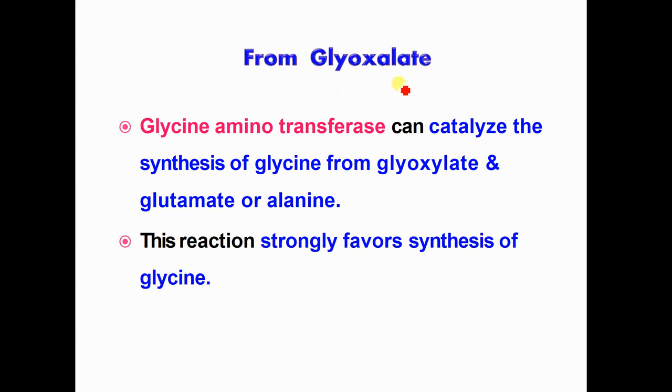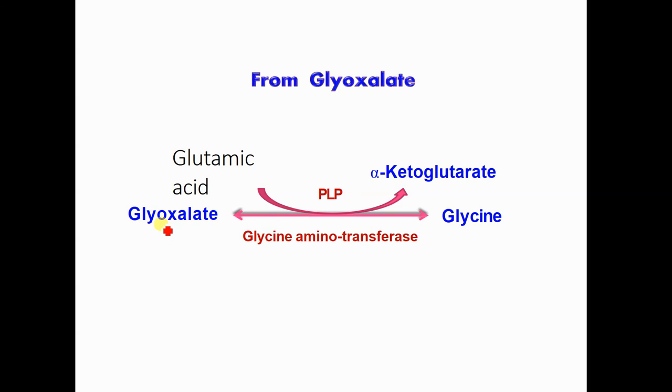And from glyoxylate, glycine aminotransferase can catalyze the synthesis of glycine from glyoxylate and glutamate or else alanine. This reaction strongly favors the synthesis of glycine. This is the glyoxylate, and glycine will be formed from the glyoxylate.